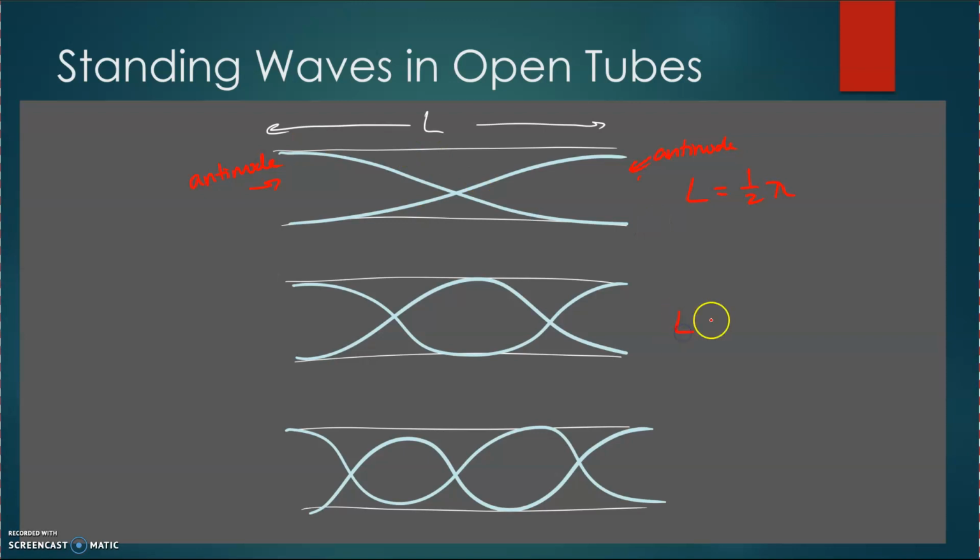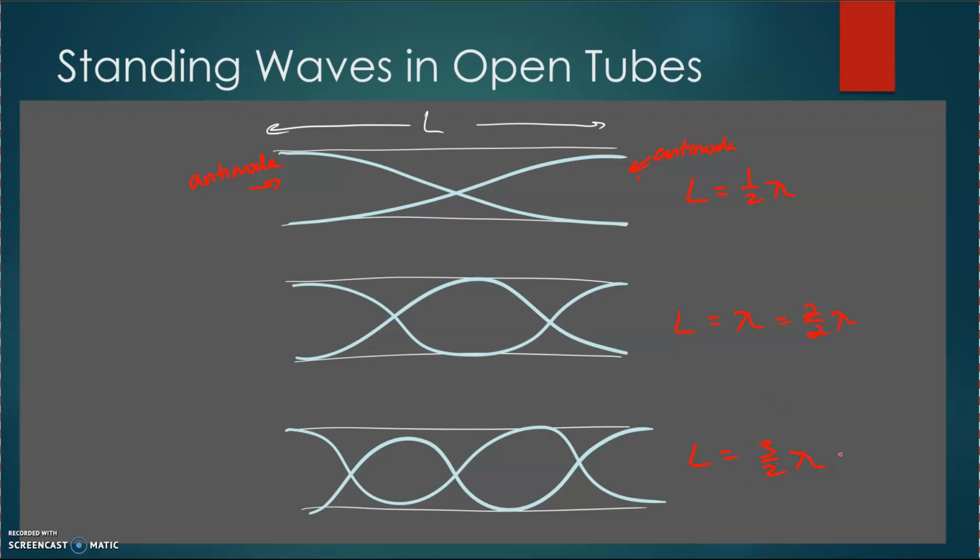Here, we can see that the length, going from a crest to a crest, is the whole wavelength. So here, the length is equal to a wavelength. We can think of that as 2 out of 2 wavelengths. And then here, we have 1 wavelength plus 1/2 a wavelength, so the length is equal to 3/2 of a wavelength.